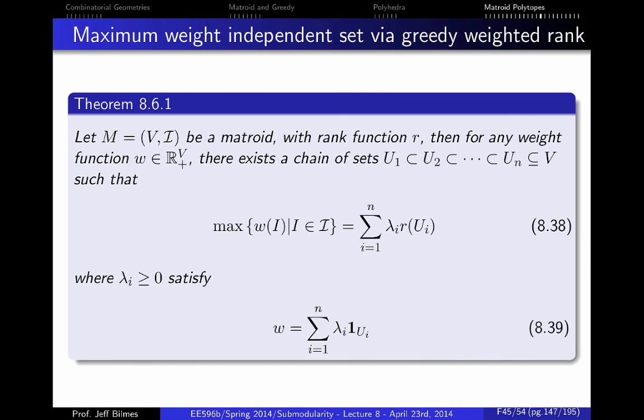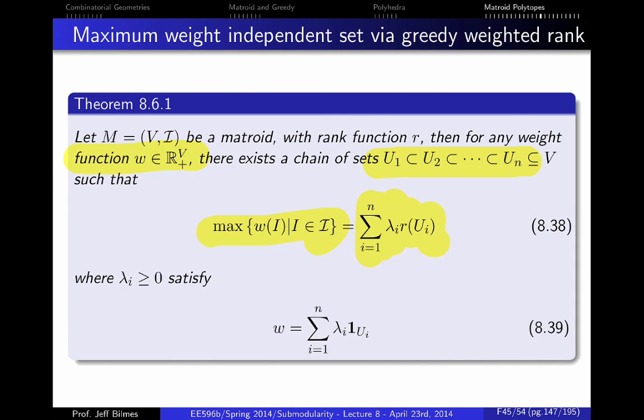So what this says is that we've got some matroid, and we've got a rank function for the matroid, and we've got some non-negative weight function, or a modular function. Then this theorem says that there exists a chain of sets, U_1 through U_n, such that the maximum weight independent set can be expressed as the sum of non-negatively weighted ranks of this chain.